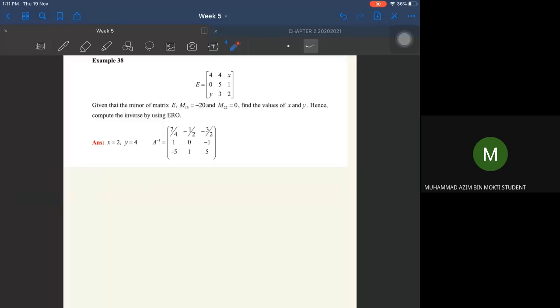The second information that you have, M22 sama dengan kosong. So you cancel ni, you cancel ni. So you ada 4x, y, 2. So if you find the determinant of 4x, y2, the answer is 0. So you dah ada nilai y, so substitute and get the value of x. And you should get this value. Okay, buat sendirilah yang tu. Kalau tak dapat buat, nanti beritahu saya.